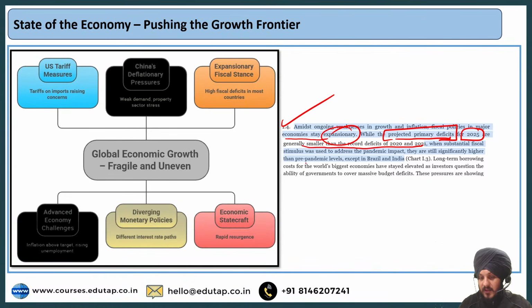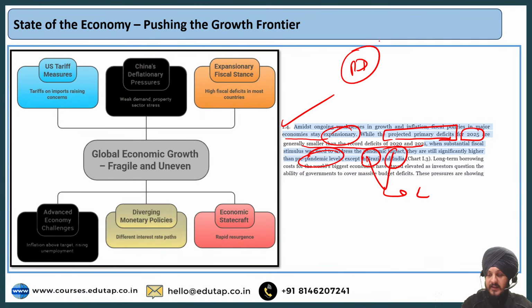They are still higher than the pre-pandemic level, except in Brazil and China. So this is the exception with respect to Brazil and China. It is saying that the primary deficit has increased as compared to the pre-pandemic period, but the exception to that is Brazil and China.